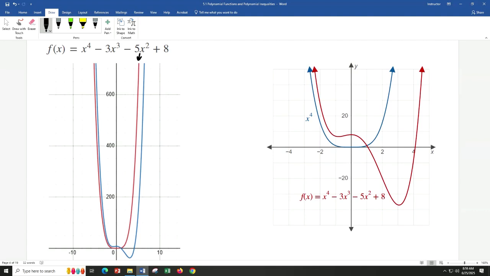We get a hump, we get a dip, and then it comes back up again. But its attitude as it shoots off toward infinity is the same. As x approaches infinity, it's going to infinity. As x approaches negative infinity, it's still going to infinity. It has to. It's going to have that attitude no matter what. It's the stuff that happens in between that we don't know exactly.